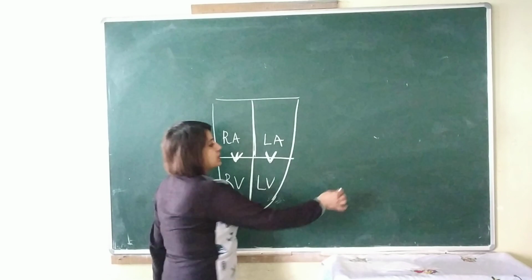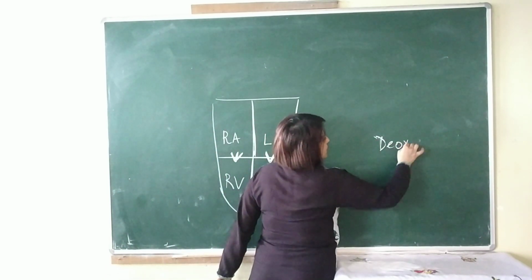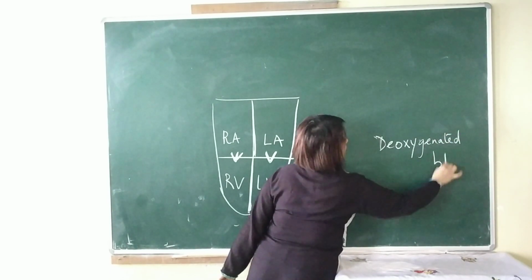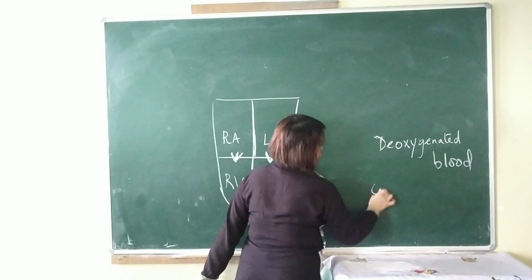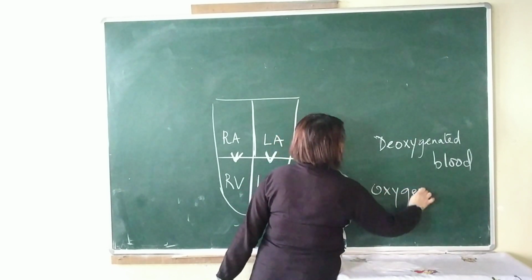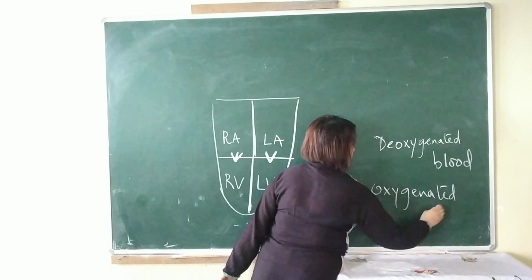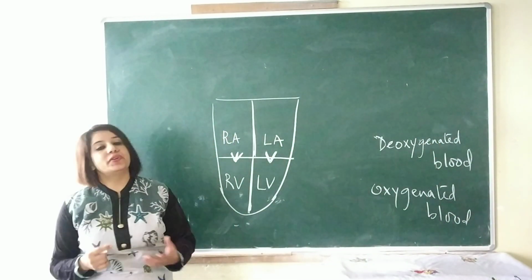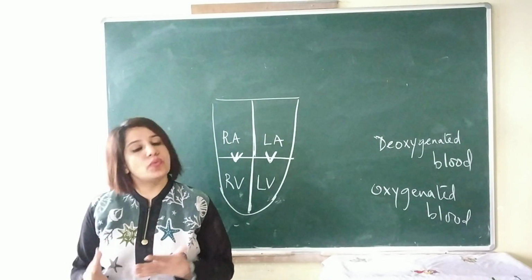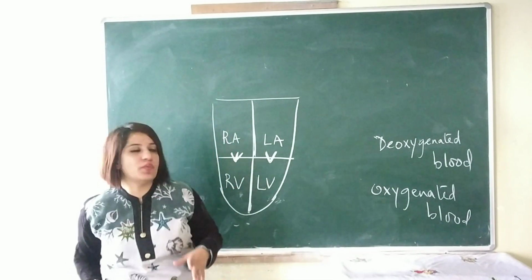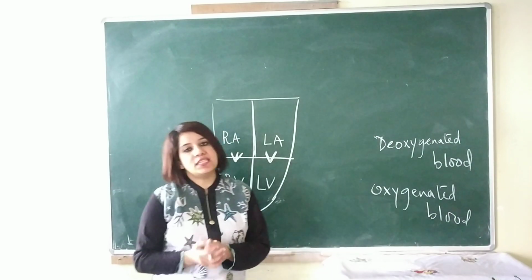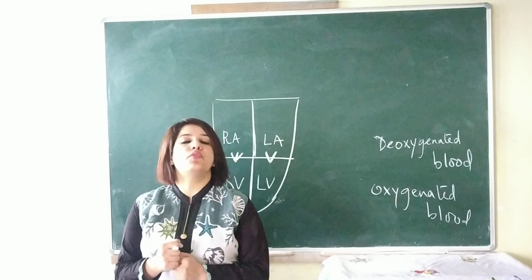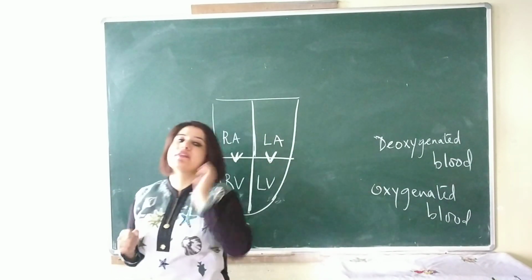We also discussed 2 terms: deoxygenated blood and oxygenated blood. Deoxygenated blood is the blood which contains carbon dioxide, a waste product that has to be removed from the body, and oxygenated blood is blood that contains oxygen that is required by the body to perform various life activities.